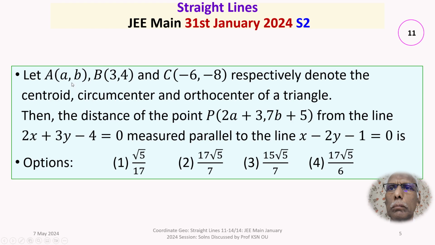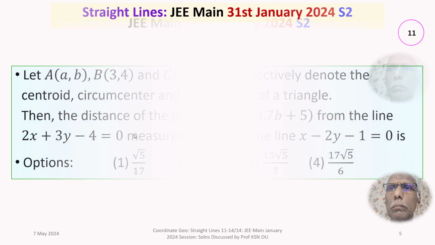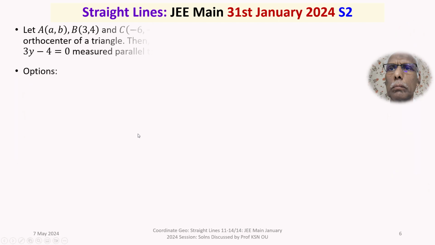After finding a and b, you have to find the distance of the point P with coordinates (2a + 3, 7b + 5) from this line, measured parallel to this line. Agreed? Right. Let's now discuss the solution of the problem in detail.